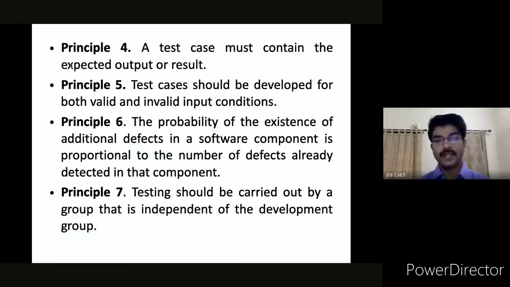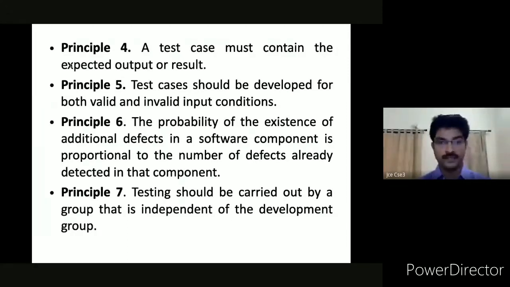Normally a human being will enter some numeric value. Sometimes it may happen that instead of a numeric value, somebody types an alpha or alphanumeric value. So when you test, you have to test with positive values and negative values.